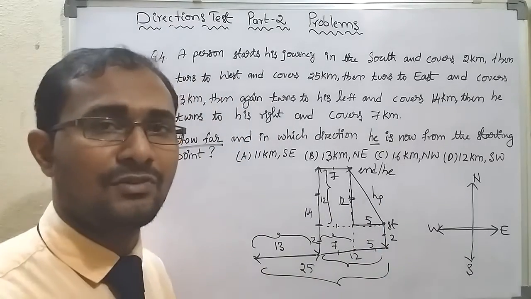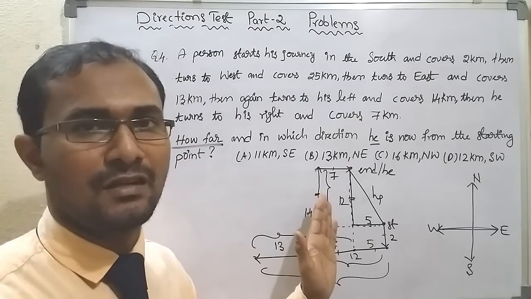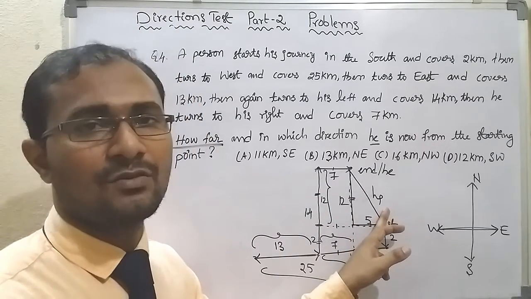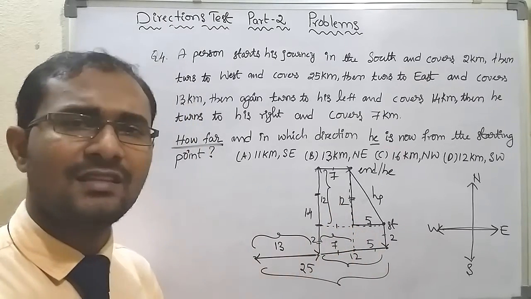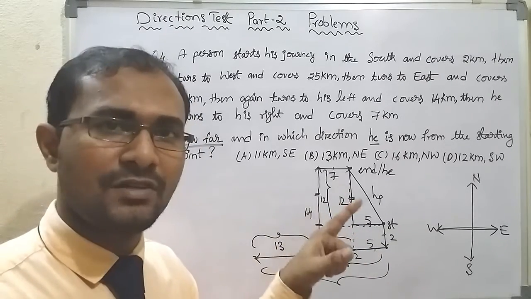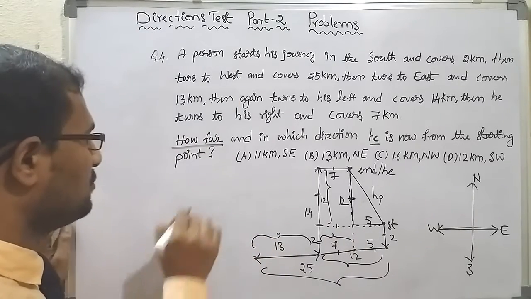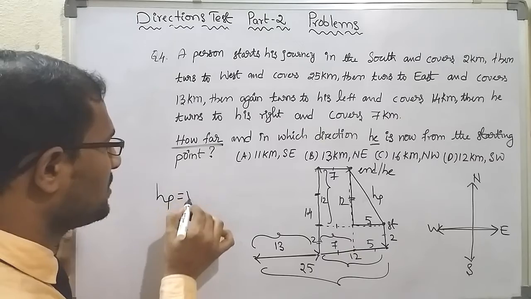We need to find out the hypotenuse value. By applying the Pythagoras rule, we can find out the answer. So what is the formula for the Pythagoras rule? Hypotenuse square equals side square plus side square. Otherwise, hypotenuse equals square root of side square plus side square. Now try to find out the hypotenuse value with the help of the Pythagoras rule.